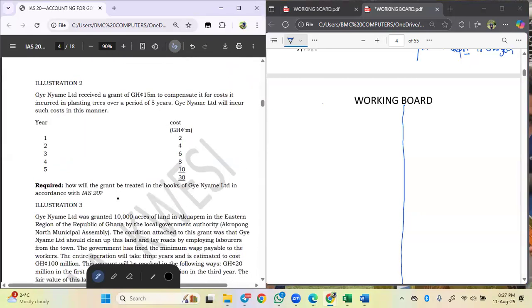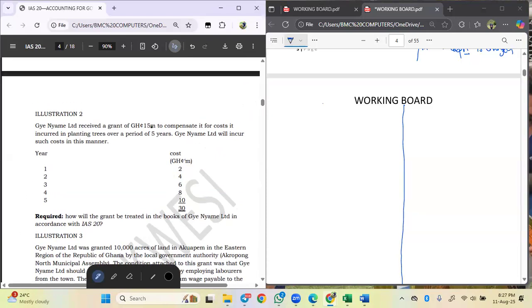So this one too, we have 5 years, and we've received a grant of 15 million. Now we are planting trees. So this one is what? A revenue grant related to expenditure.